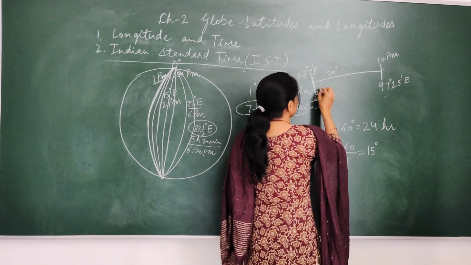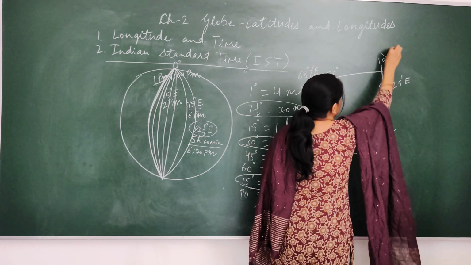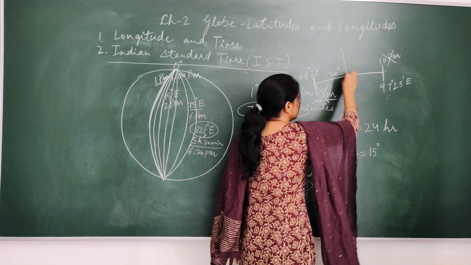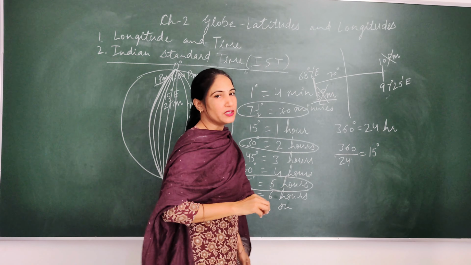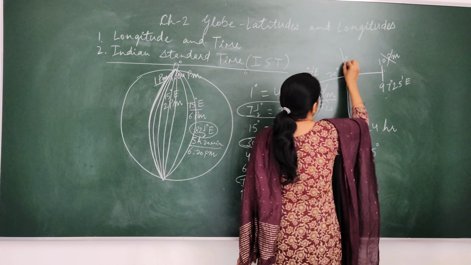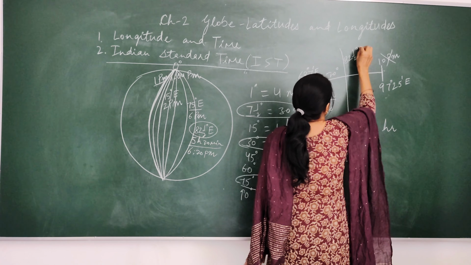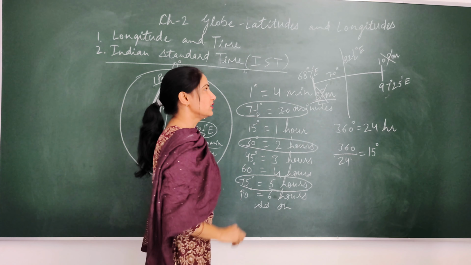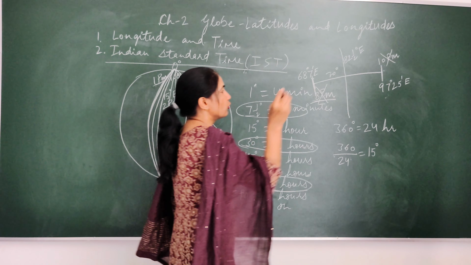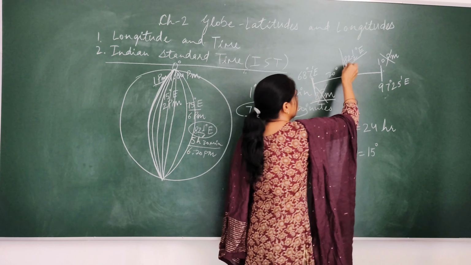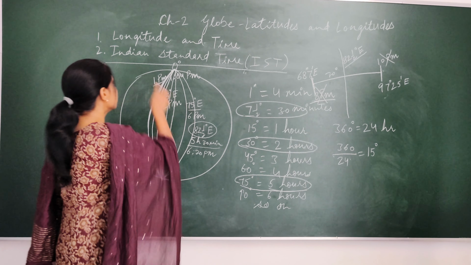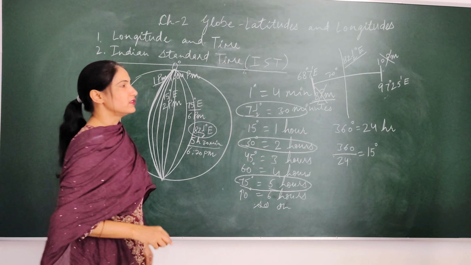So to get rid of this kind of confusion, we have taken a standard meridian that passes through India at 82.5 degree east, through Mirzapur near Allahabad in UP. This longitude is taken as the standard meridian of India. It is named Indian Standard Time.